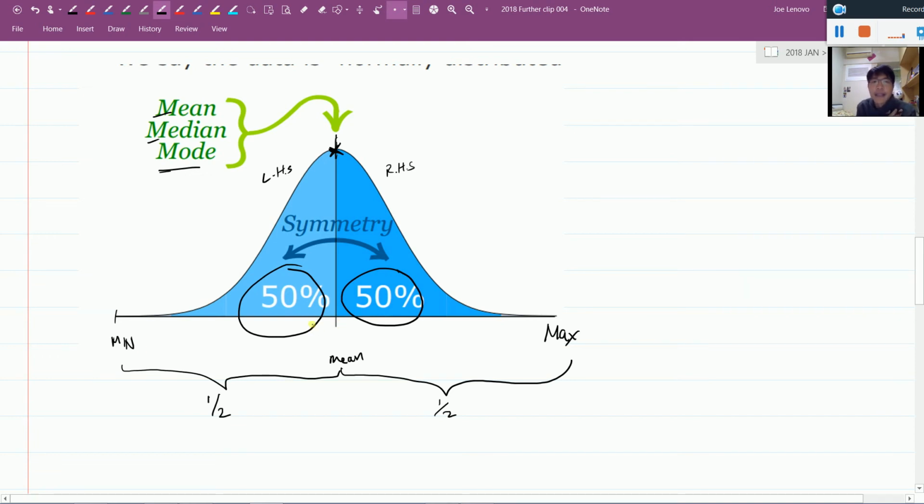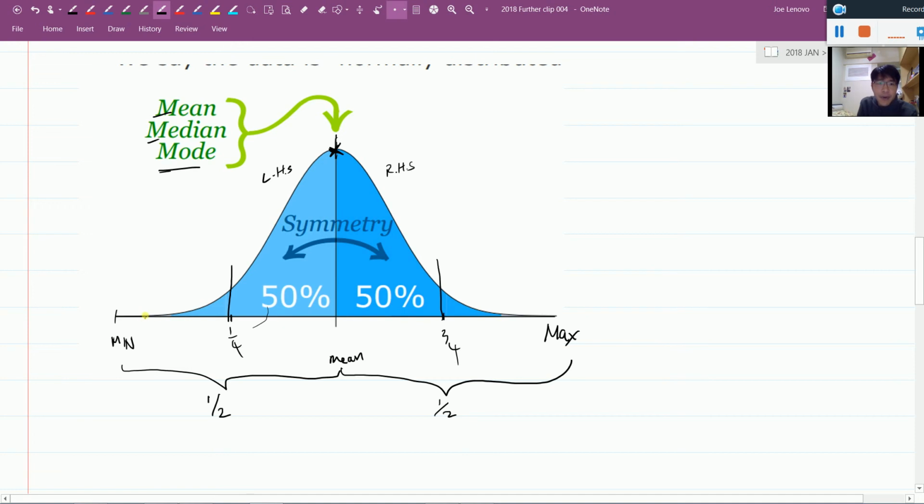Then you will ask me another question. What happens if you chop this in half? Let's say from here, mean to here, we've got a quarter. And then here, we've got three quarters. If I try to put a line here and then put another line there, would that be 25%? Try to look at this yourself.